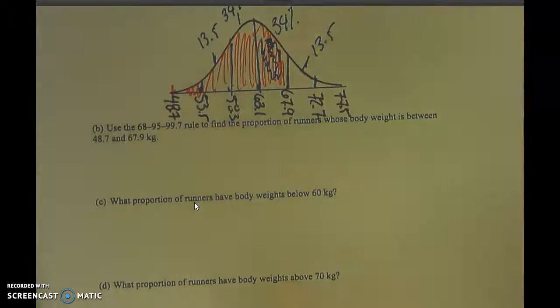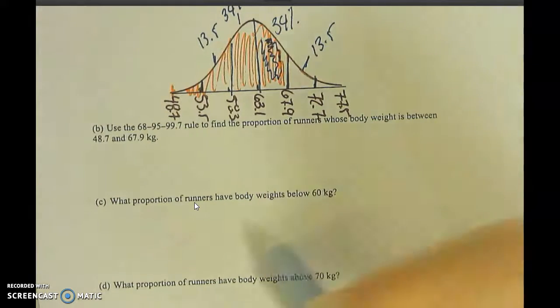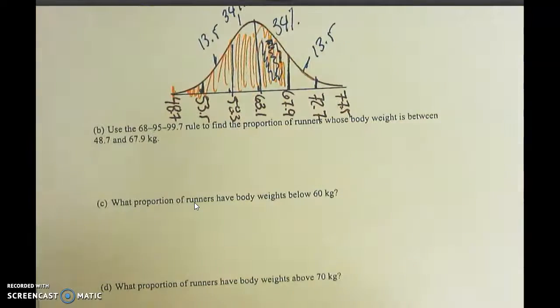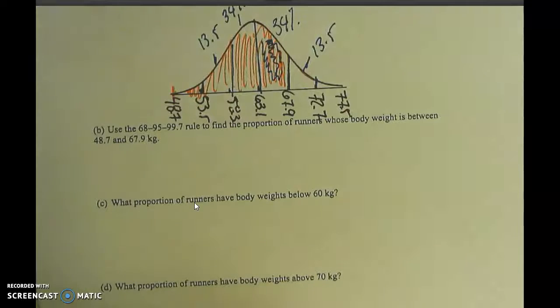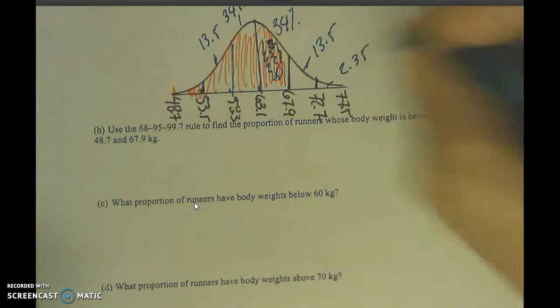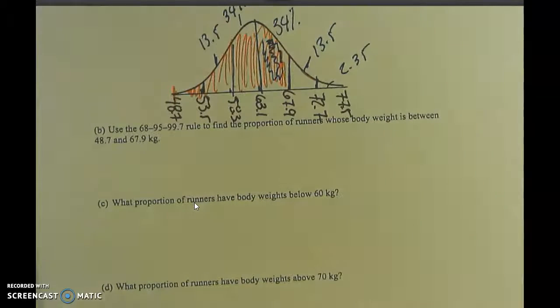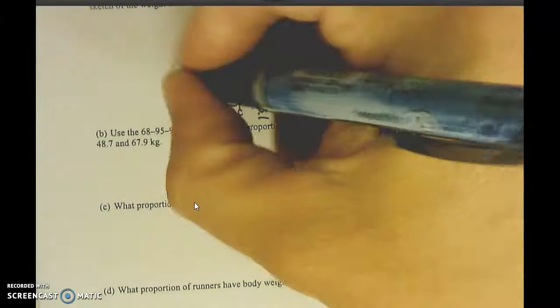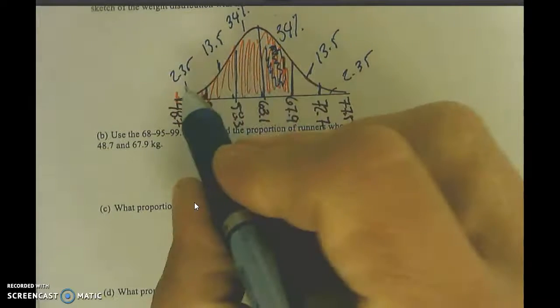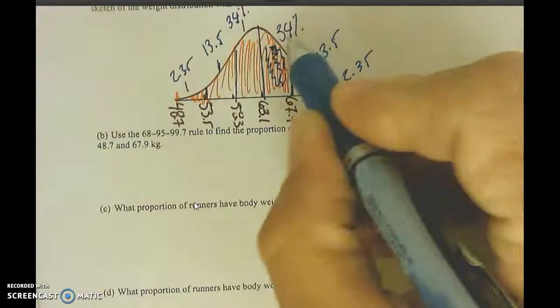Okay. So the last one is 99.7. But what have I already accounted for? I've already done 95% of the data, so I'm going to take 99.7 and subtract 95, which gives me what? Well, it gives me 4.7. Divide that by 2. It gives me 2.35. We're still on the same page. All right. So let's add these 3 numbers and then that number right there.